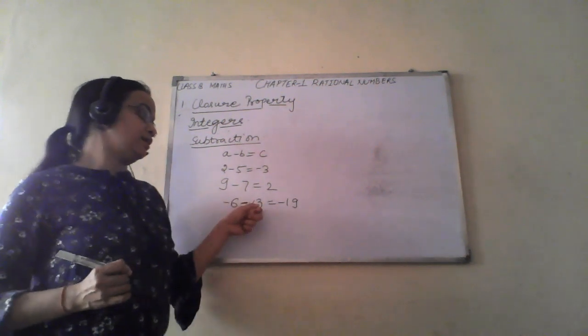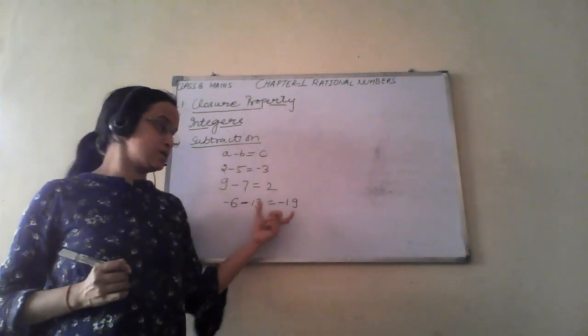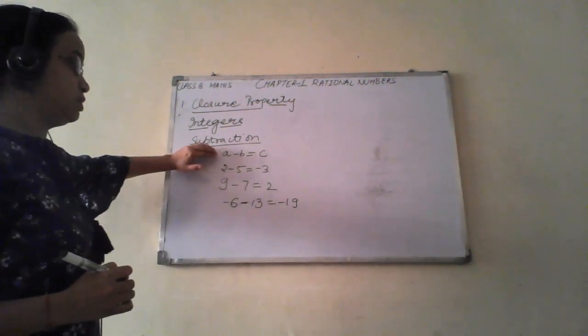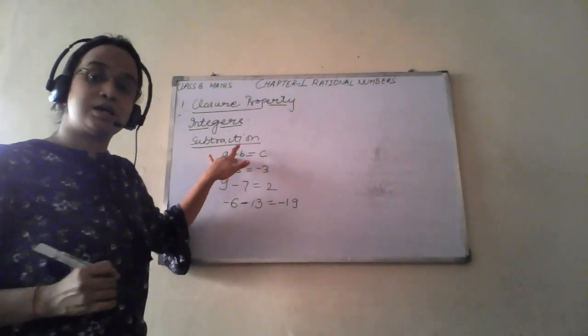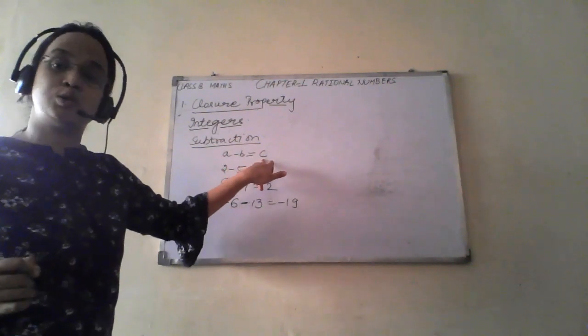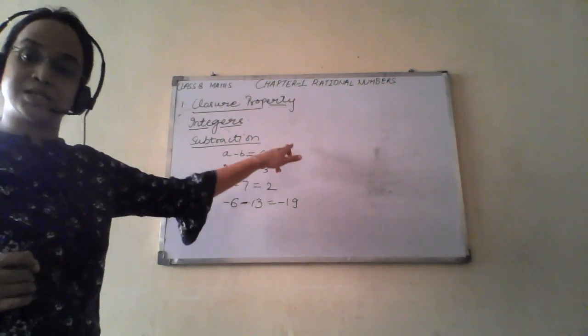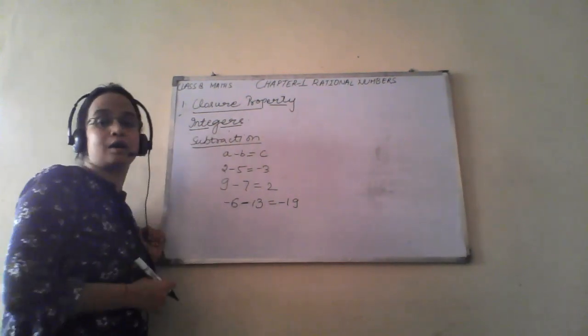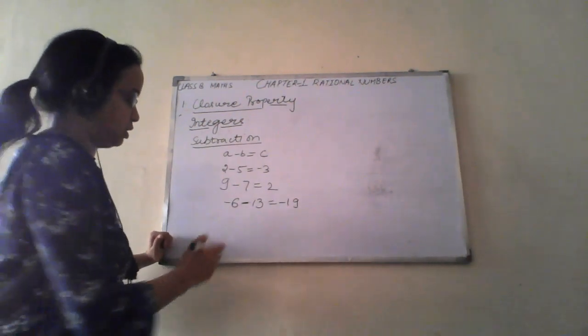Minus 6 and 13, these both are integers and the resultant is also an integer. So the condition that when two integers are subtracted, the resultant is also an integer is satisfied. Therefore, we can conclude that integers are closed under subtraction.